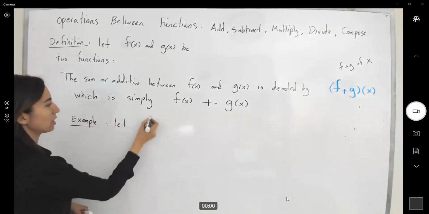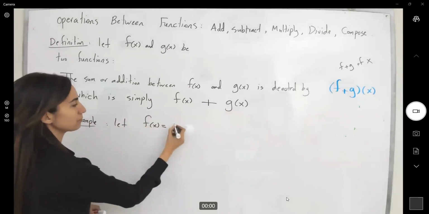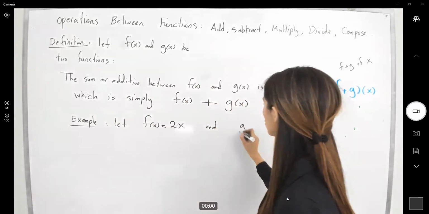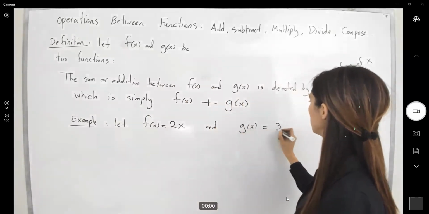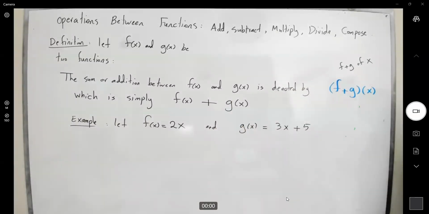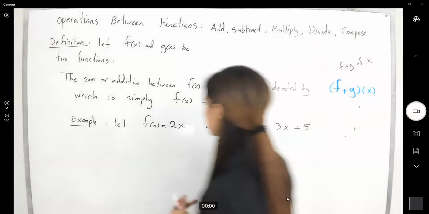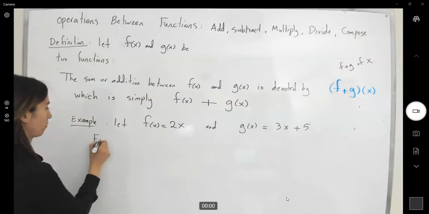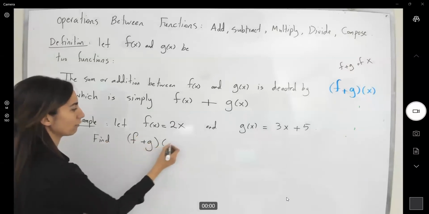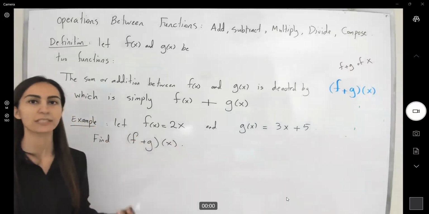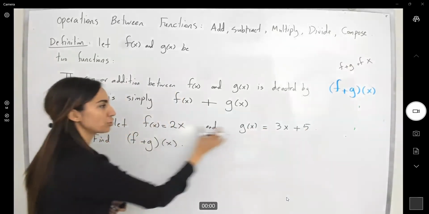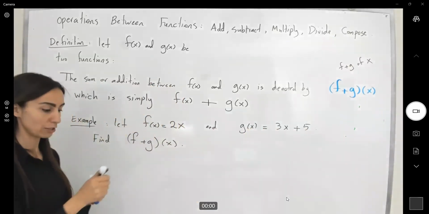Example. Let f of x be 2x and g of x be 3x plus 5. When I ask you to find f plus g of x, I'm simply asking you to add the definitions of f and g.